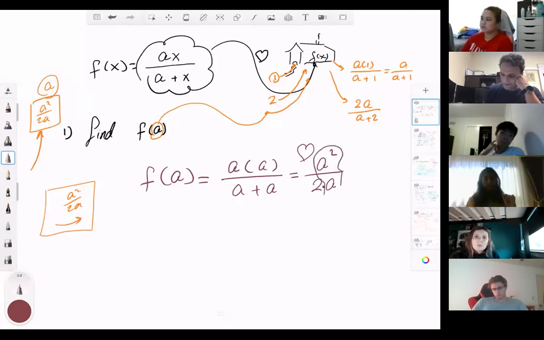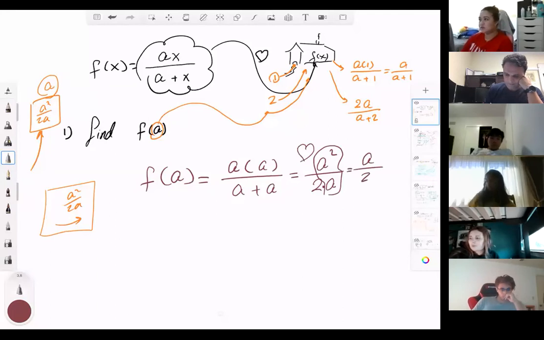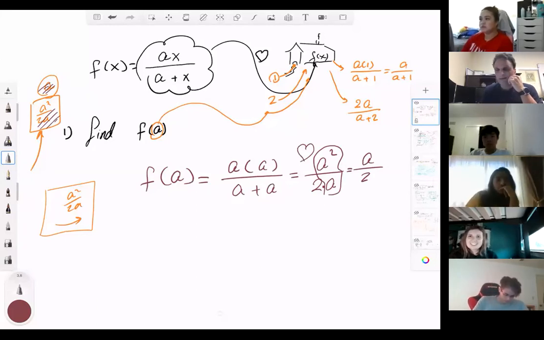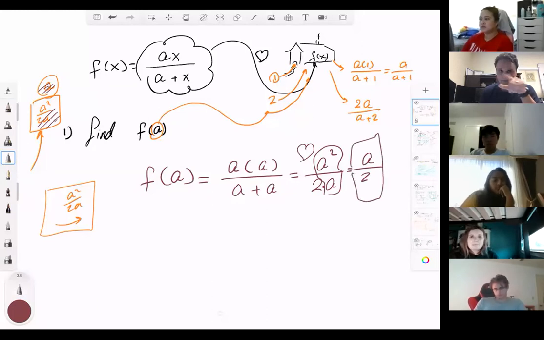A squared over a will be a over 2. So none of you guys were correct. The bad thing is that because you're taking it online, this is the answer. The a squared over 2a is not the answer.